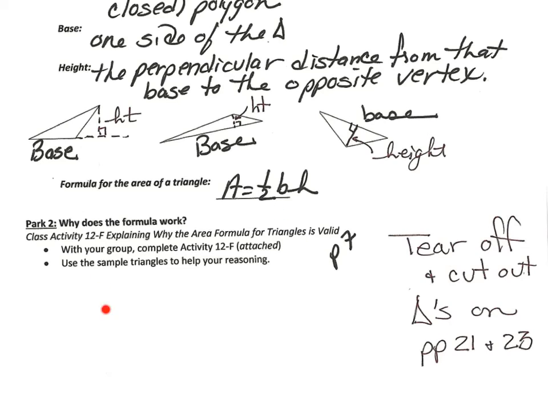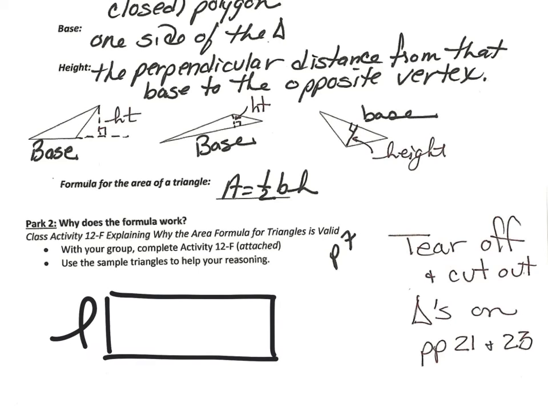And so think of a rectangle and having the area of the rectangle be length and width, right? So we can multiply these together. But these lengths are going to come from your original triangle by doubling, moving, and reattaching. So go ahead and cut out the triangles on page 21 and 23. Then go to page 7 and work through this activity.